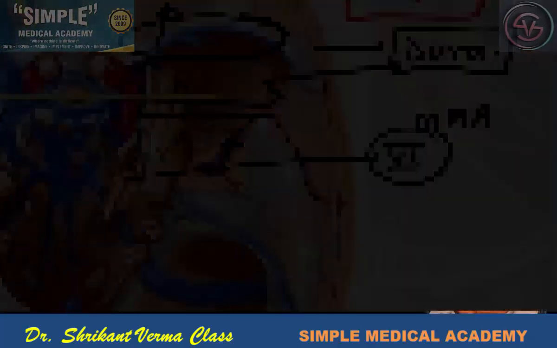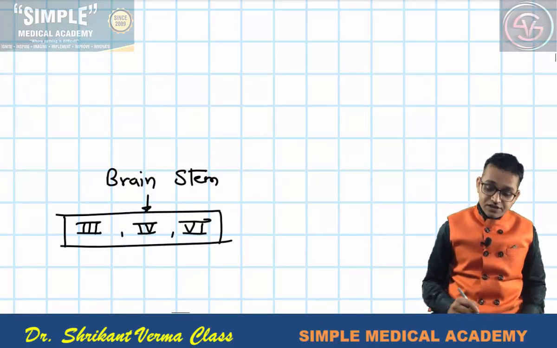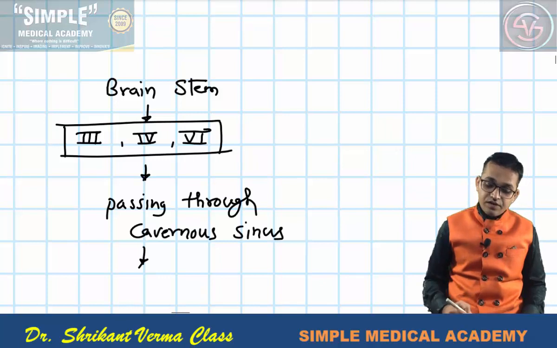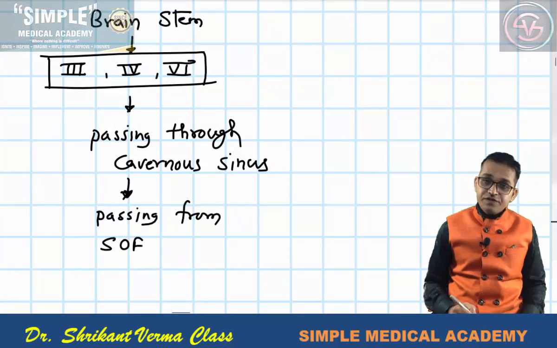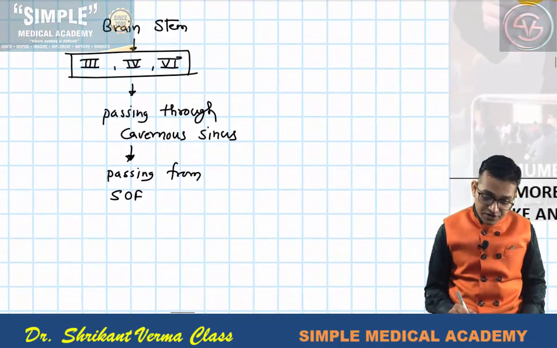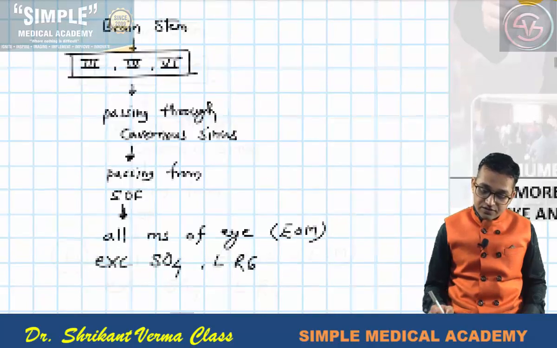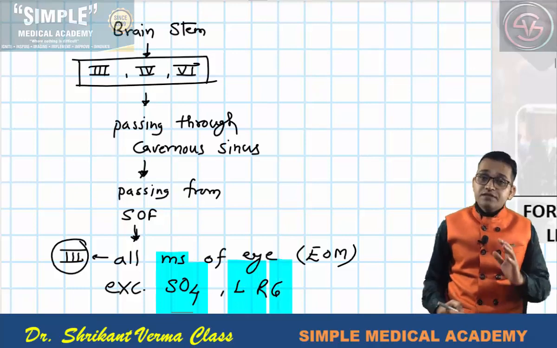So you can write down one short note. From the brain stem, the third, fourth and sixth cranial nerves emerge. Now these third, fourth, sixth pass through the cavernous sinus, and after that they pass through the superior orbital fissure, and after passing through the superior orbital fissure, these structures supply all muscles of the eye, the extraocular muscles, except SO4, LR6: except the superior oblique, which is supplied by the fourth cranial nerve, the trochlear nerve, while the lateral rectus muscle is supplied by the sixth cranial nerve.